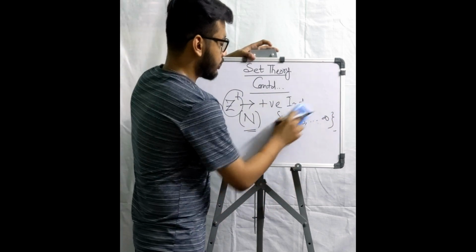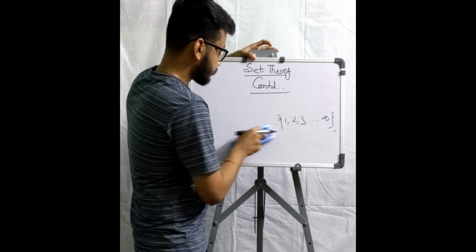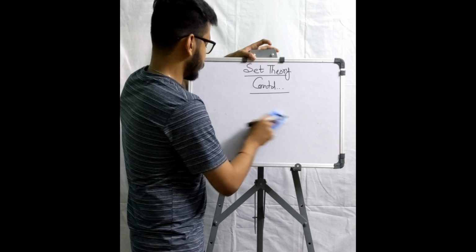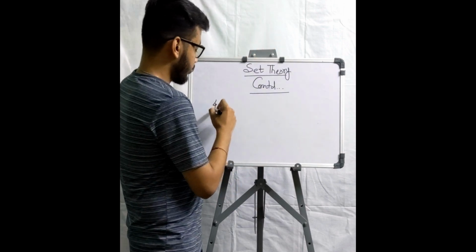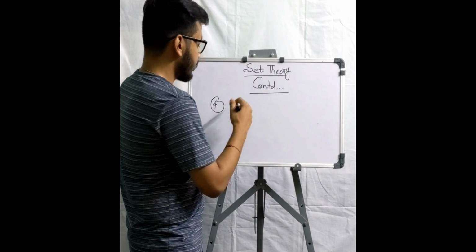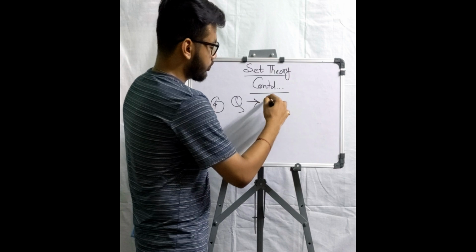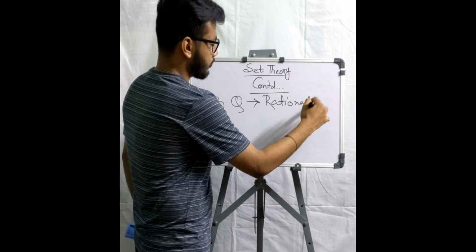Next we have something called rational numbers, which is denoted by Q. Q denotes rational numbers. Now what is a rational number?